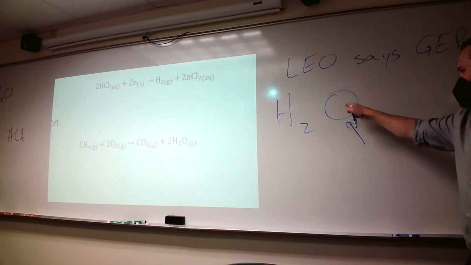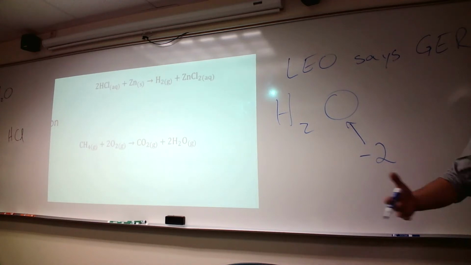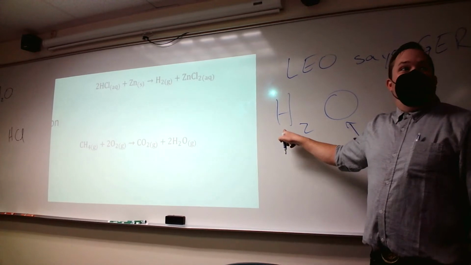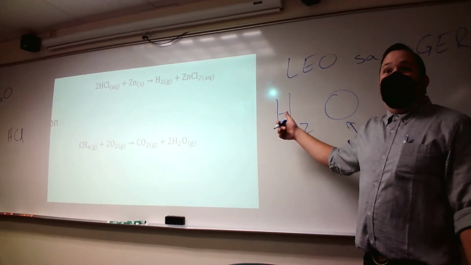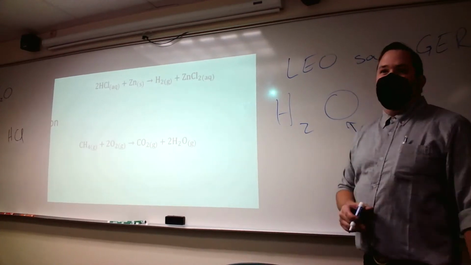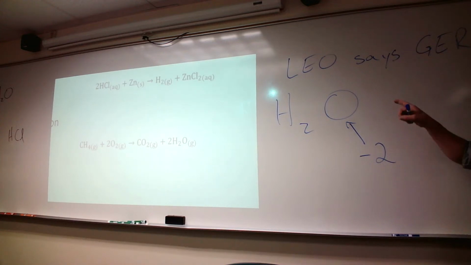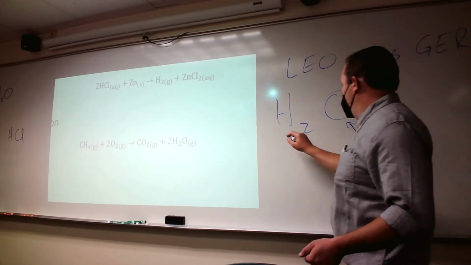We're just going to say that this has a -2 charge, because that's what oxygen wants to get. Whatever else is there with it has to be whatever it is in order to make the charge add up to the overall charge of the molecule. So water is neutral, right? So what does the charge have to be on each hydrogen? 1 plus.